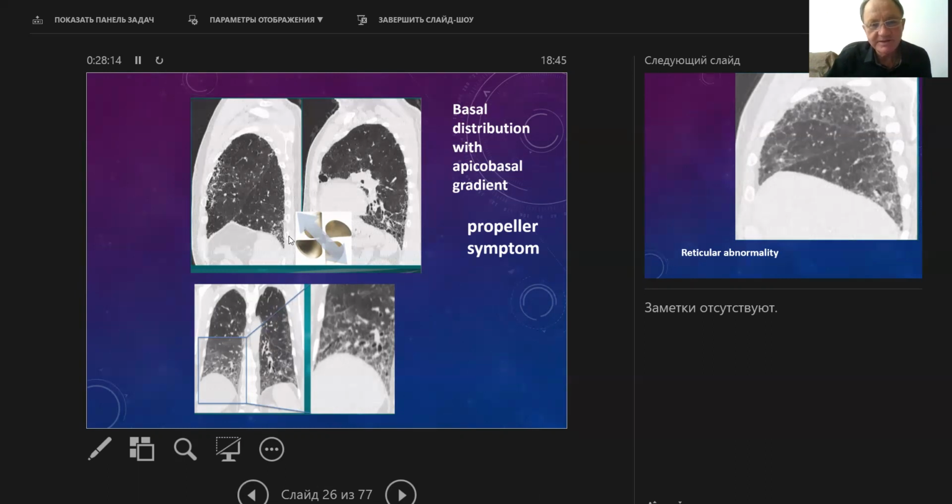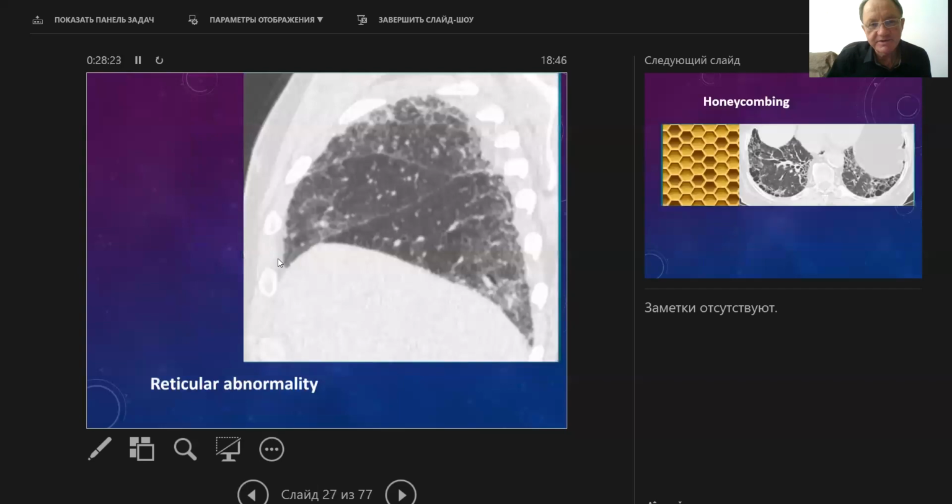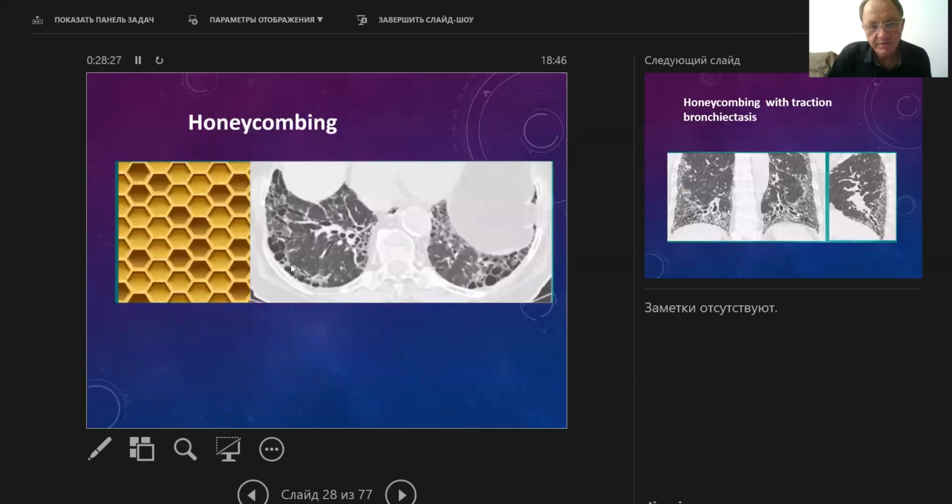It's a very interesting so-called propeller symptom. For example, we can hear opposite this reticular chest, this propeller. Reticular abnormalities, honeycombing, you can hear this, but also this honeycombing has a subpleural predominance.